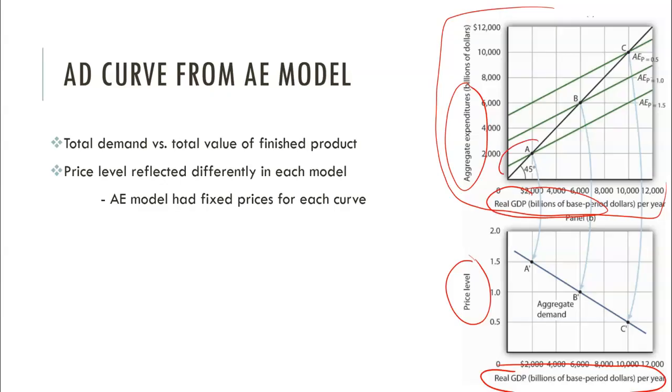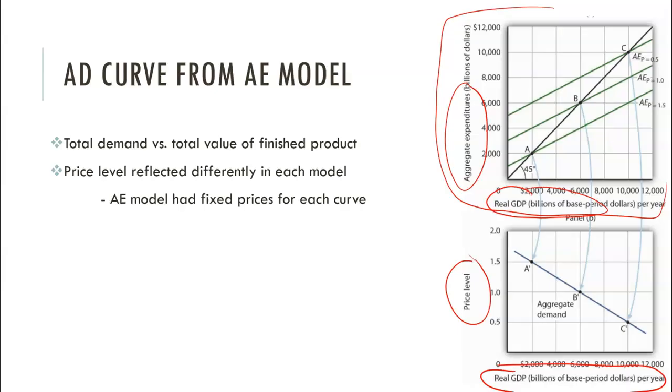So for example, this upper line with point A has a price level or price index of 1.5. Our middle curve has a price index of 1, and our lower curve has a price index of 0.5. So each aggregate expenditure line represents one fixed price, or one fixed price index.